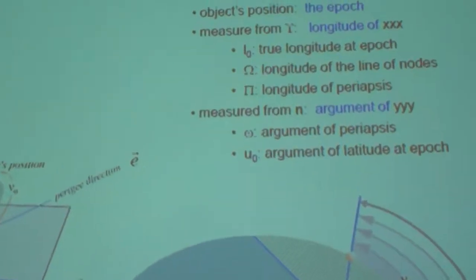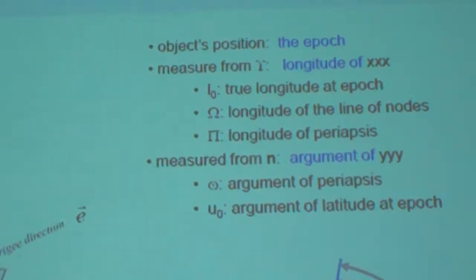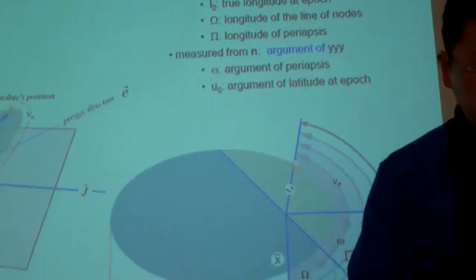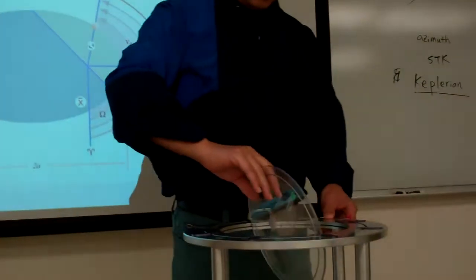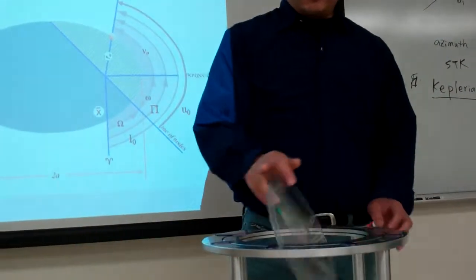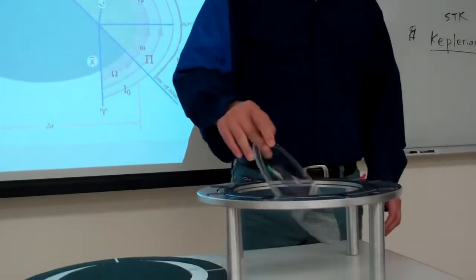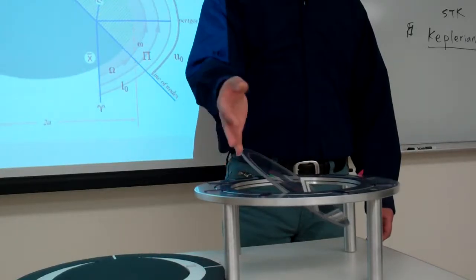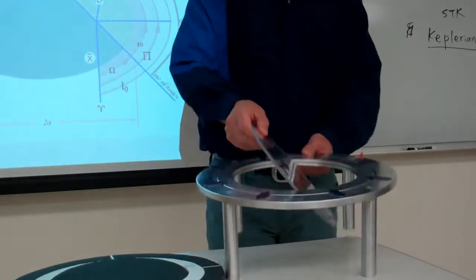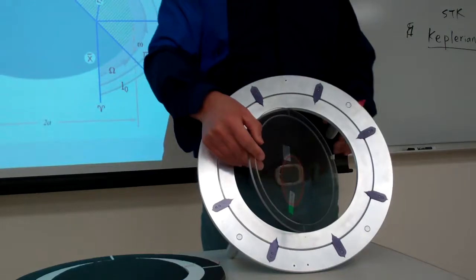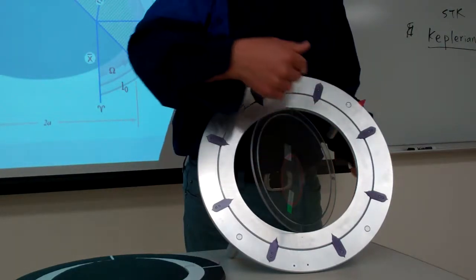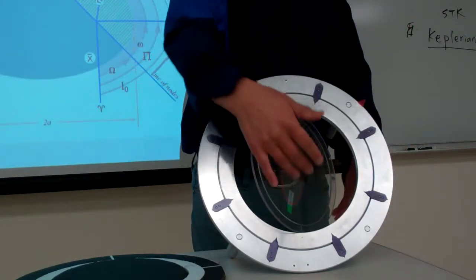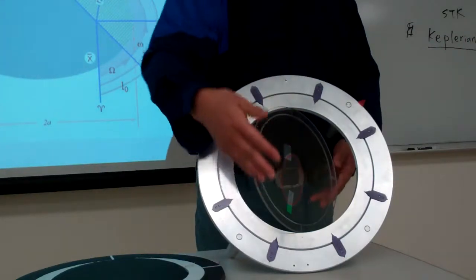Now I want to define a few axes, and the first one is this. This represents the orbital plane in space, and due to the size of this device, it is so small. But you should imagine the orbital plane is coplanar with this one.